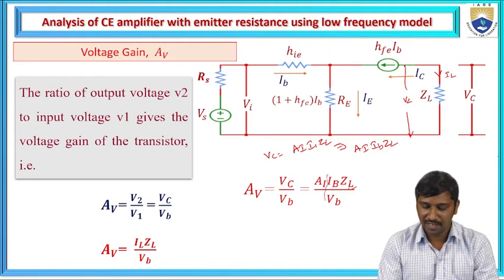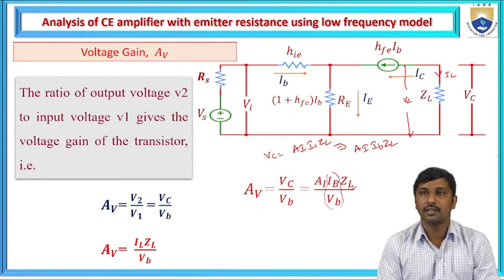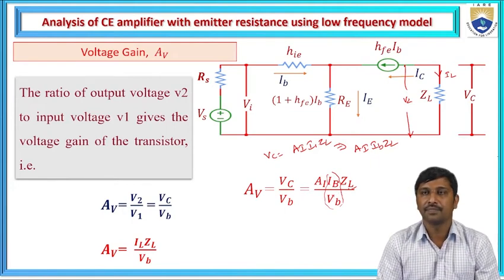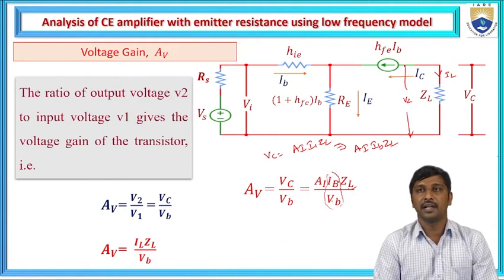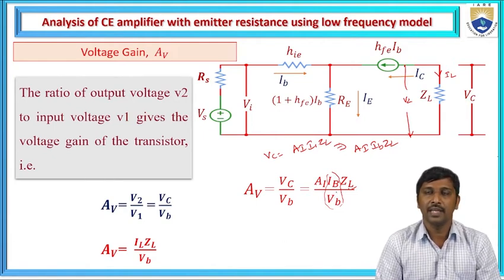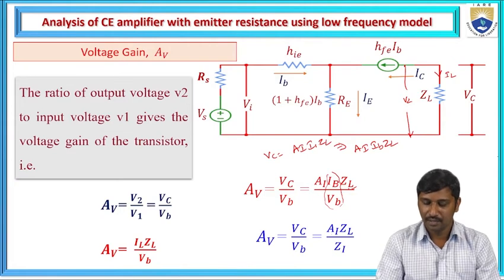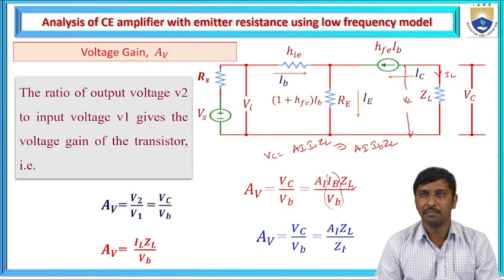If you observe, this factor IB by VB is nothing but the input admittance. If you want to write it in terms of impedance, you can write the reciprocal of impedance, since admittance is the reciprocal of impedance.